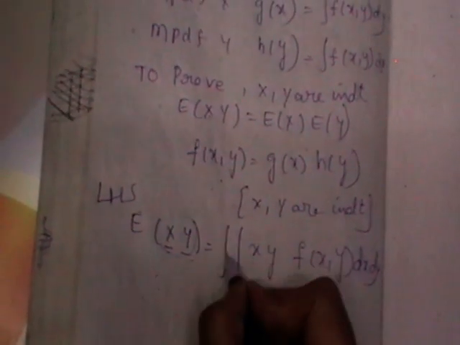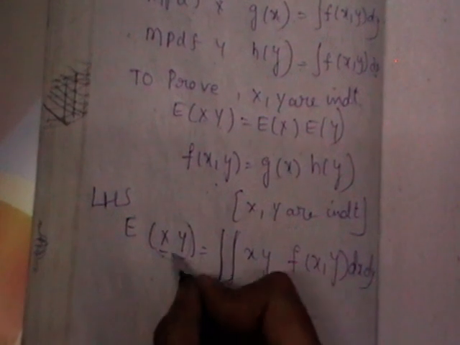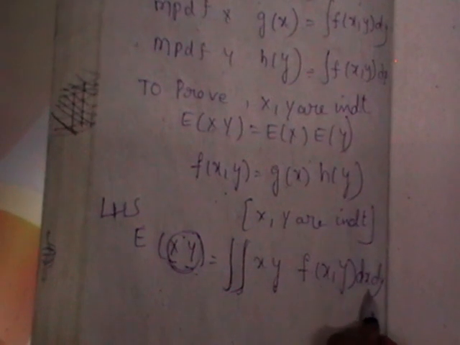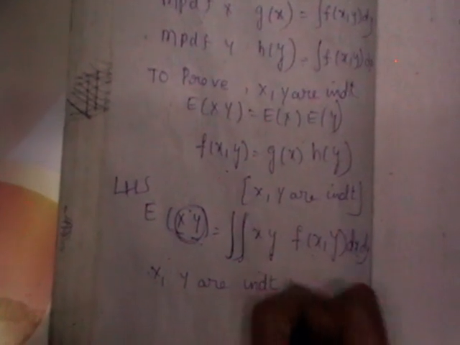For that I have considered the LHS, which is nothing but E of XY. E of XY is equal to, as you have two variables, we start with double integral. Whatever you have in the brackets, you should write the same, xy into the joint PDF f of x comma y dx dy. Now what is given in the statement, X and Y are independent.